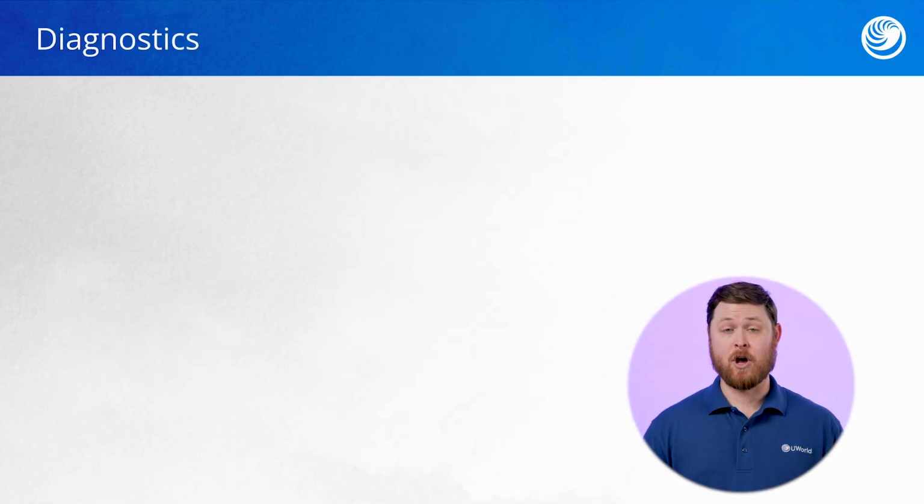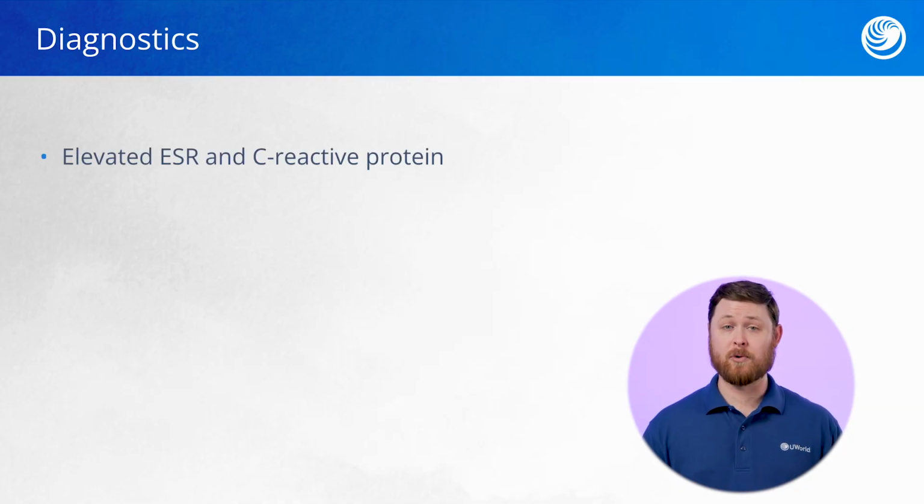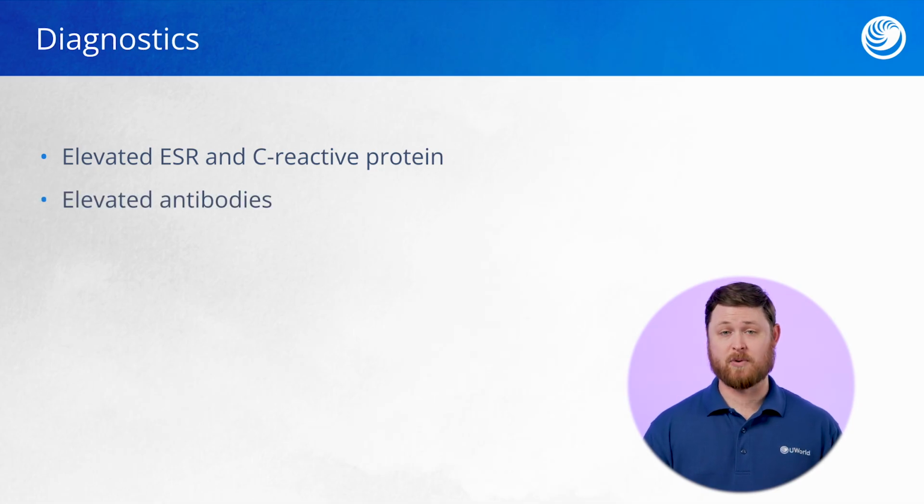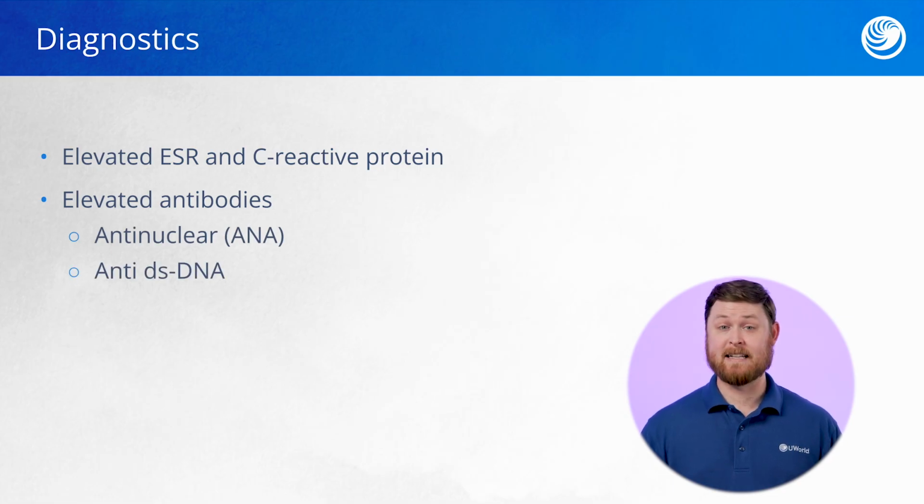When it comes to diagnosing lupus, we want to measure levels of inflammation in the body, and we do this by checking for an elevated erythrocyte sedimentation rate or elevated levels of C-reactive protein. Now, specifically with lupus, we will see an increase in the amount of antibodies within the serum, specifically anti-nuclear antibodies and anti-double-stranded DNA antibodies.